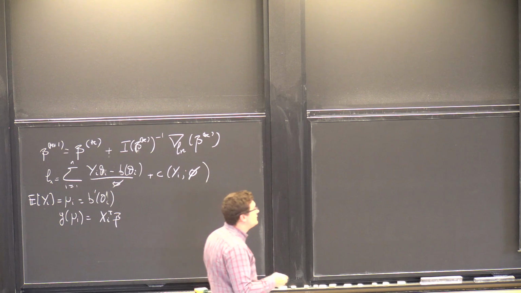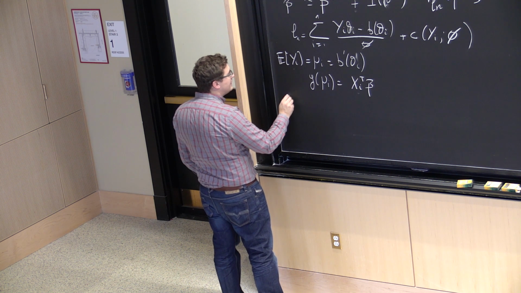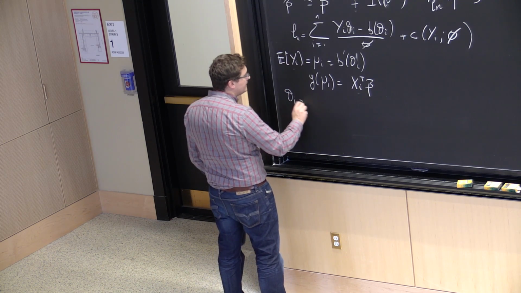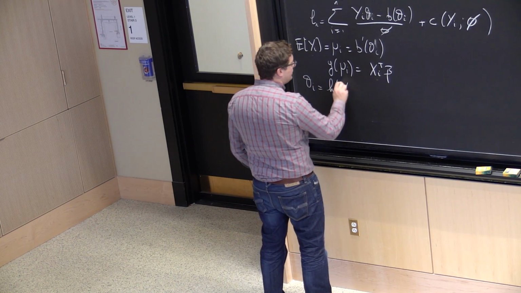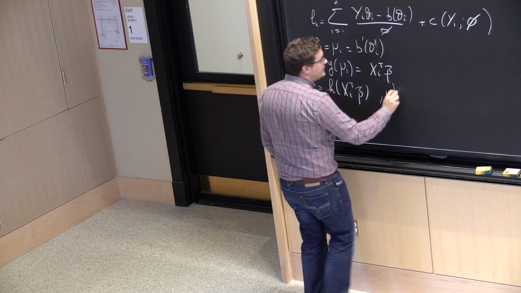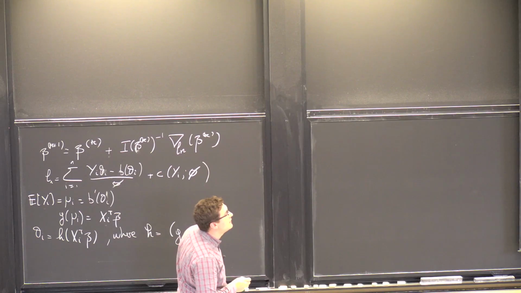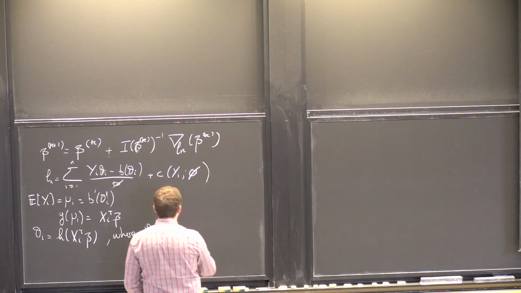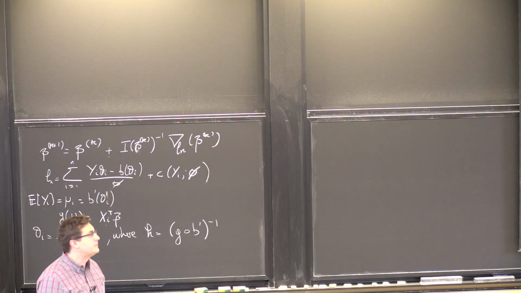What's actually interesting is to see if we want to express theta i as a function of xi, what we get going from xi to mu i by g inverse and then to theta i by b prime inverse, we get that theta i is equal to h of xi transpose beta, where h is the inverse of g composed with b prime. Okay? So we remembered that last time.